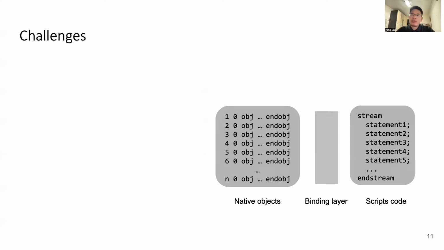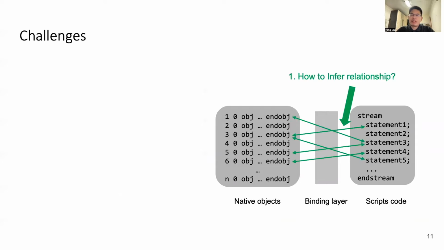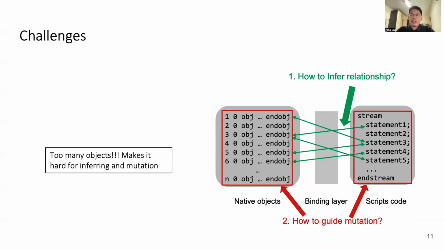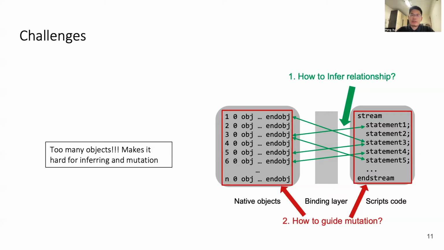To achieve cooperative mutation, there are several challenges to be solved. The first challenge is how to infer the relationship between native objects and script code. Once we have the relationship, we need to solve the second challenge: how to use the inferred relationship to guide mutation. However, when we solve these two challenges, we encounter a new problem: there are so many native objects.